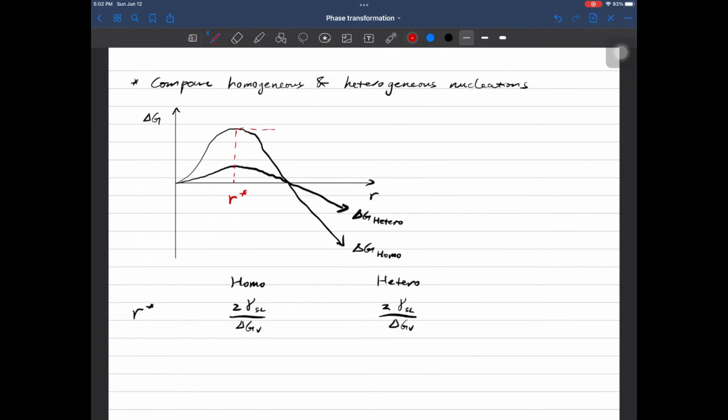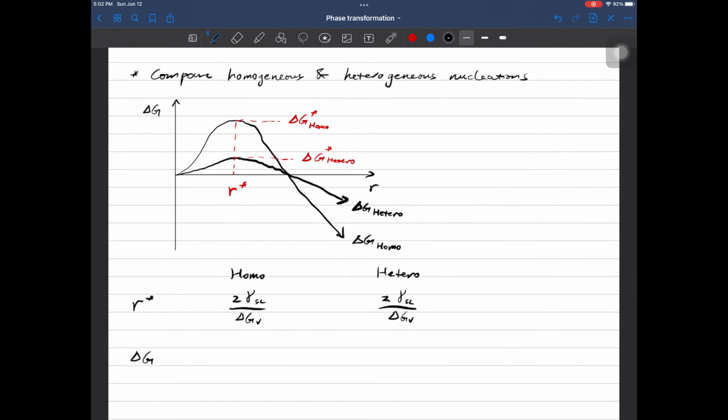The difference between the homogeneous nucleation and the heterogeneous nucleation is pretty apparent. You can see the homogeneous case has a much higher energy barrier. The delta G star value is higher in the homogeneous case compared to the heterogeneous case. We already know the expression for delta G star for the homogeneous case, and we'll just write that down first.